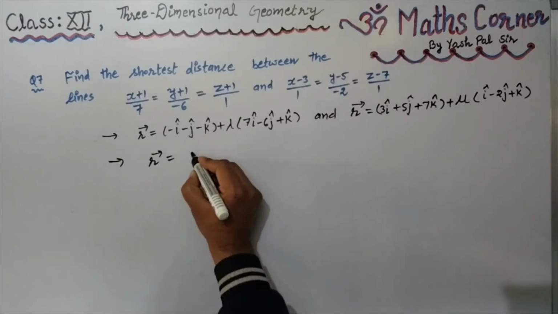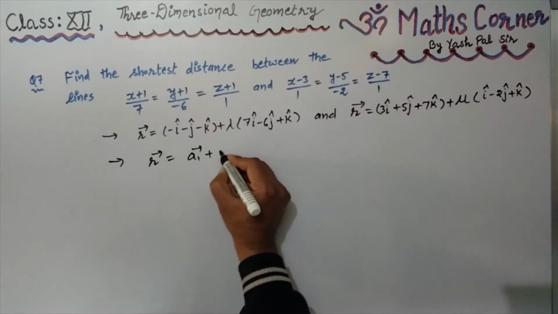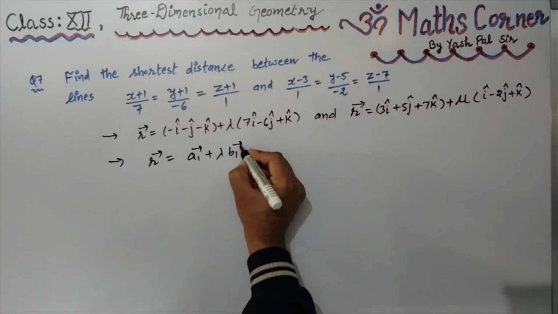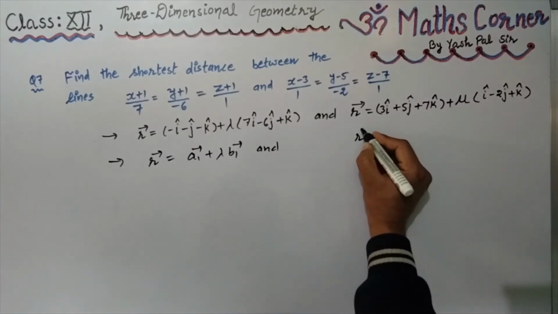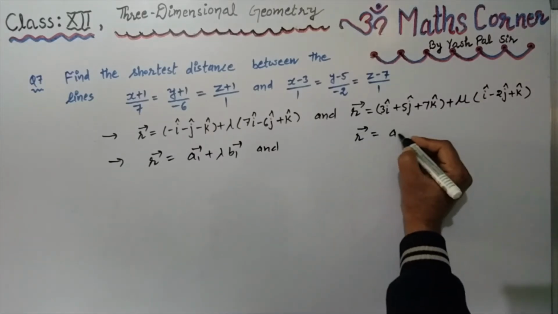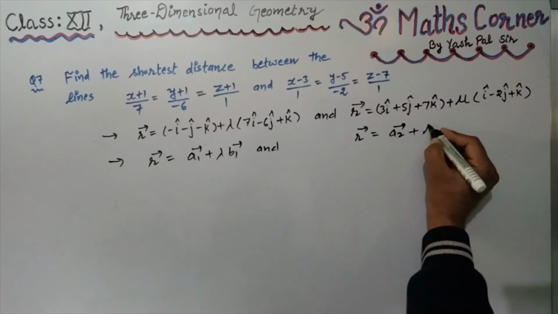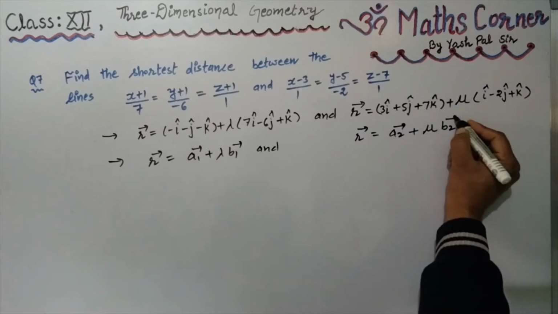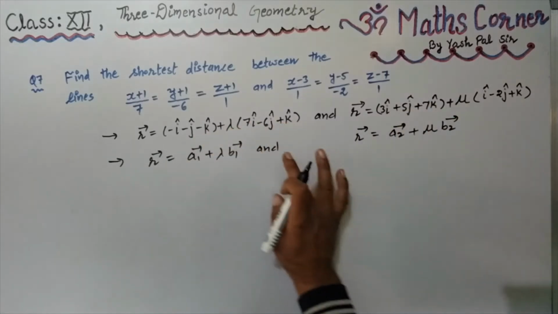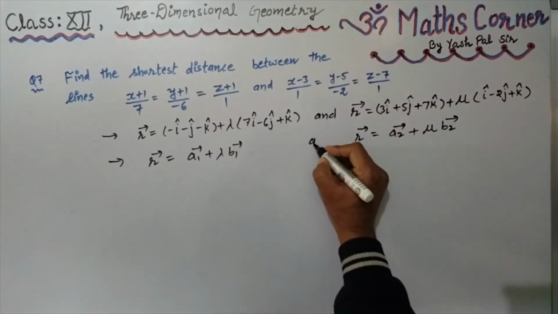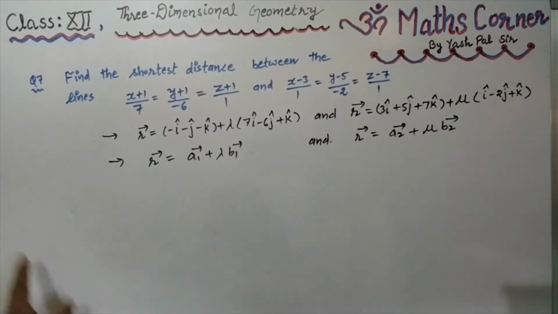So what we say here, this is r vector equal to a1 vector plus lambda b1 vector, and this is vector r equal to a2 vector plus mu vector b2. This is a2, this is b2, a1, b1.